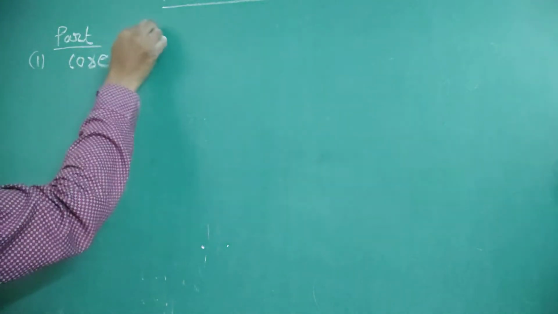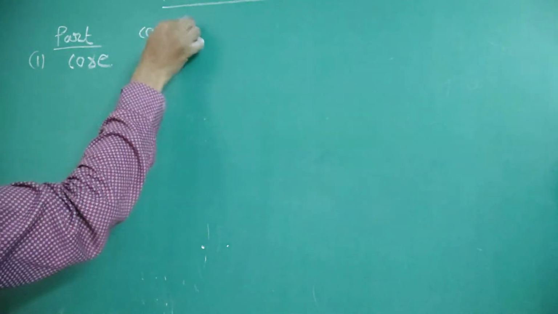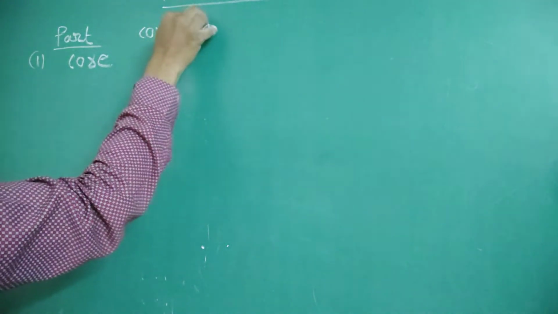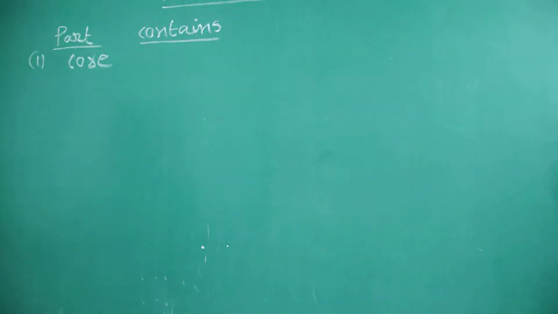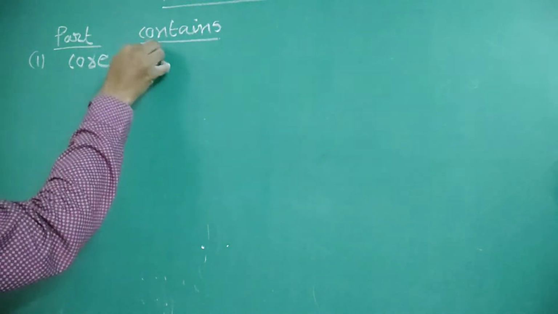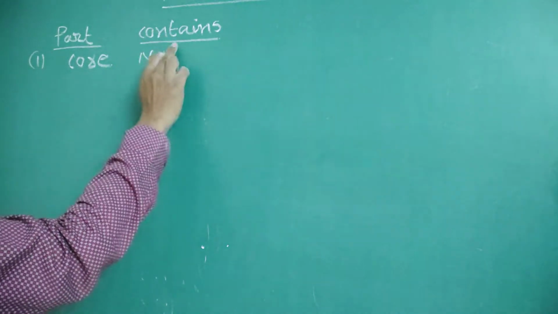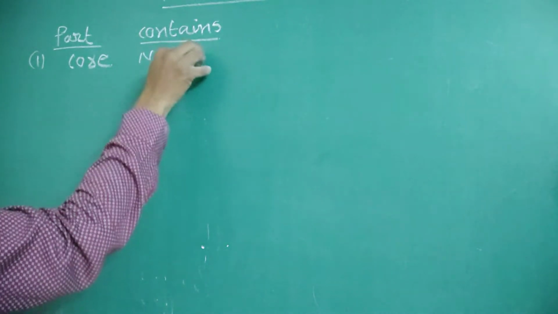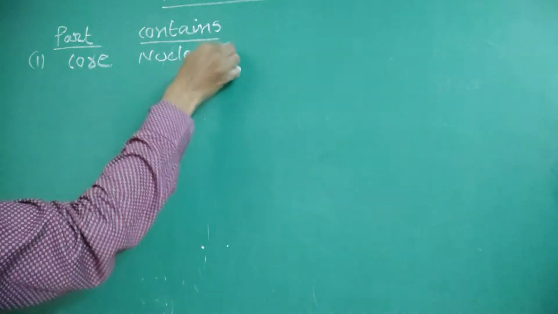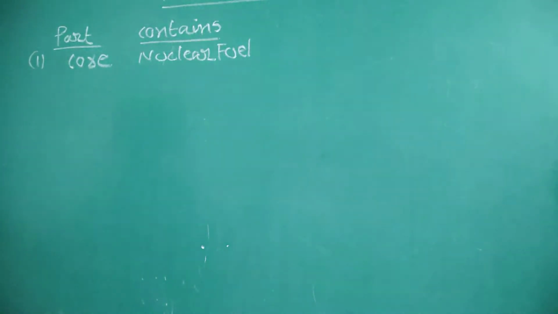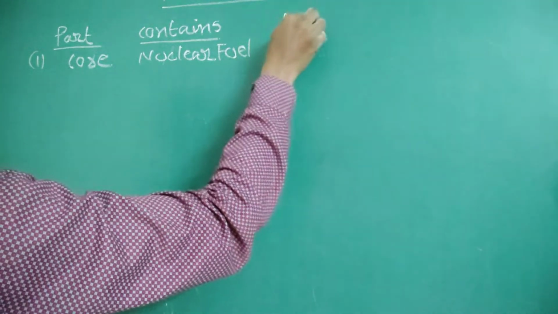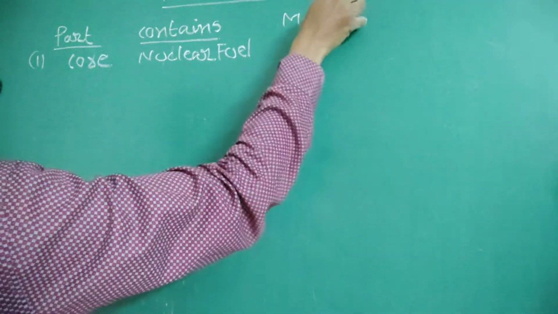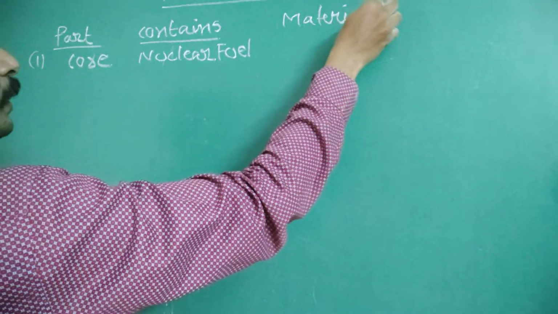What does it contain? Second column. It contains nuclear fuel. Now the materials. What materials are used? Third column is material used.